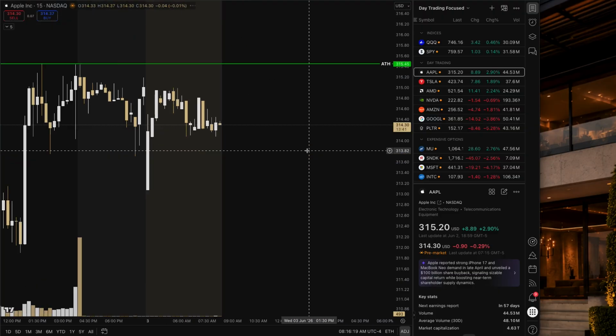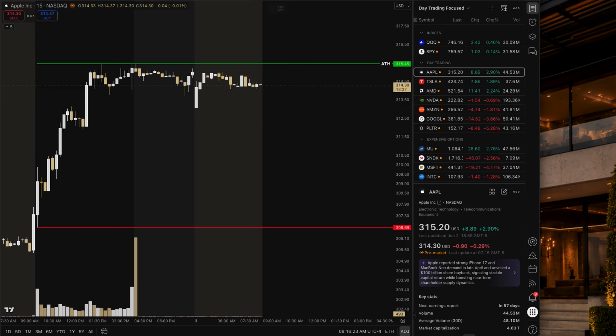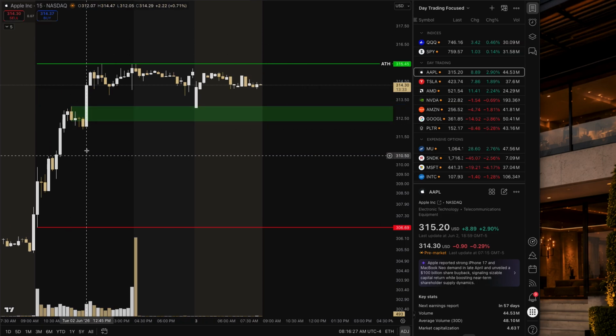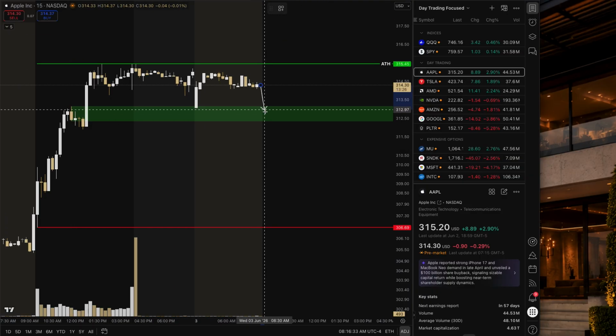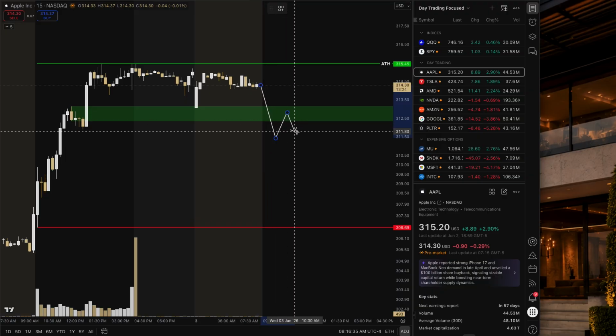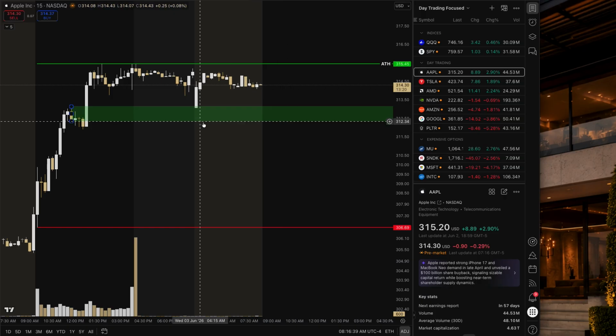If you go on the 15-minute chart, you can still see this candle, and this is our support zone here. I don't want to see the price break below this zone, retest, and then come down. So this is our support zone. Why?